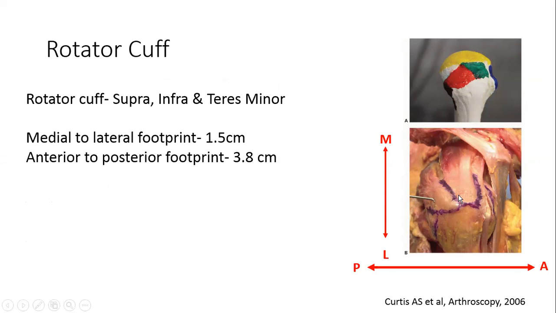It is mostly a continuous cuff over the greater tubercle, and there is blending of some fibers. So you will not see a clear distinction where supra ends and infra starts. This can be challenging in the beginning when you're scanning the shoulder and not getting your perfect bird beak view for the supraspinatus.